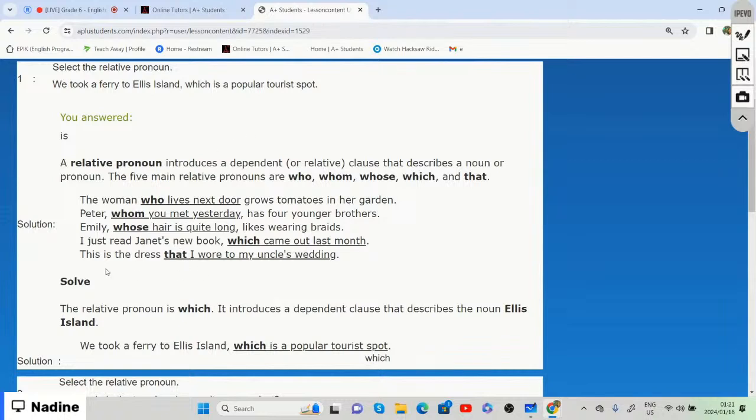Then if you look at the third one, it says Emily, whose hair is quite long, likes wearing a braid.